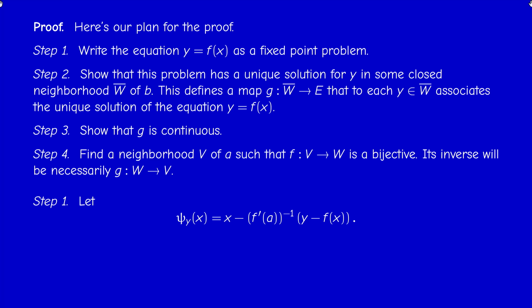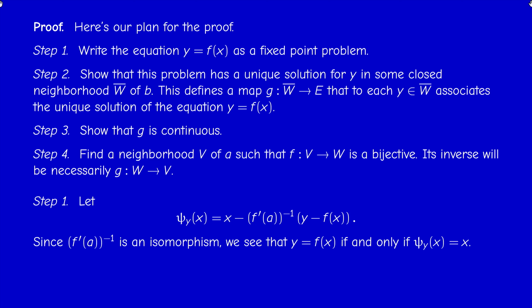For y in F, we set psi sub y of x is just x minus the inverse of the derivative at a in the direction y minus f of x. Now, since the derivative f prime of a, inverse, is an isomorphism, so it's a bijection, we see that the equation y equals f of x that I want to solve locally is equivalent to the fixed point of psi y.